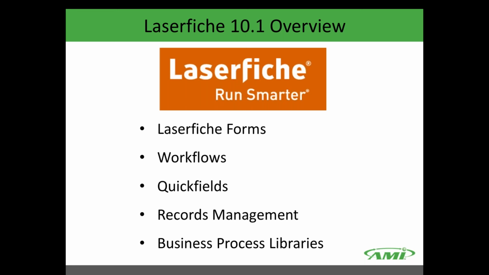Records management, that allows you to effortlessly control retention and cutoff and never worry about whether or not you have the documents you need or the documents you don't need. And business process libraries, a collection of built-in processes, diagrams, forms, flows, templates, and field definitions to minimize your initial development effort.